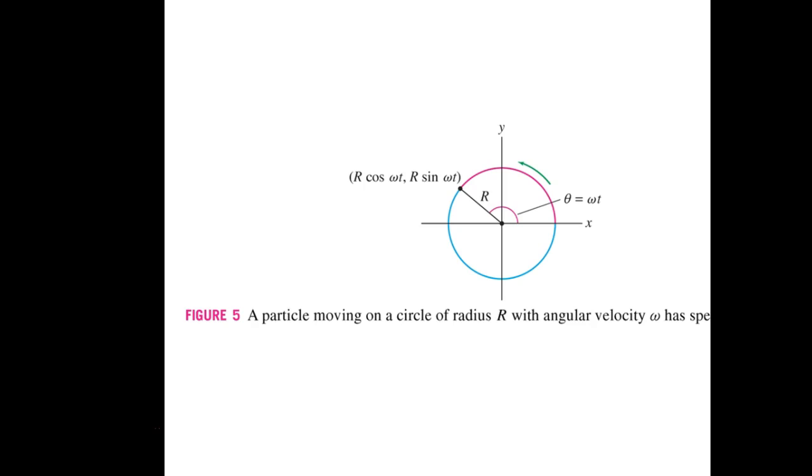It looks like a W. That is an omega. Okay? Omega. Now in terms of constant omega, that is angular speed.